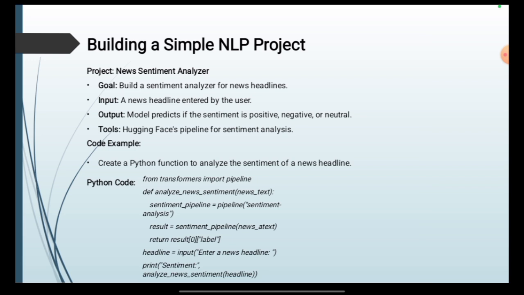The result is extracted using result 0 label to display the sentiment prediction. However, there is a typo in news a text, which should be corrected to news text to avoid an error when running the code. This can be said as per the details mentioned over here.